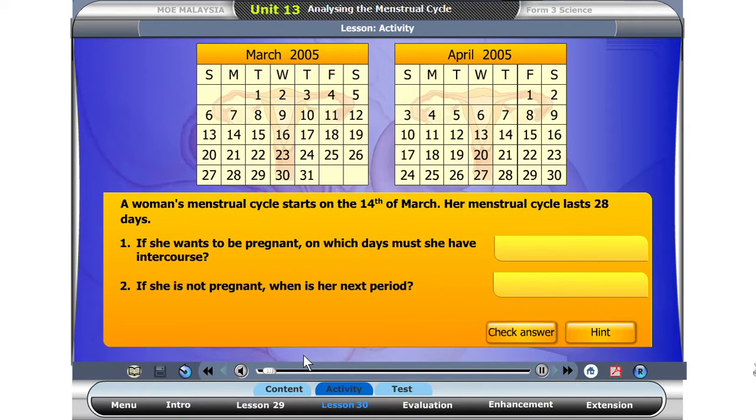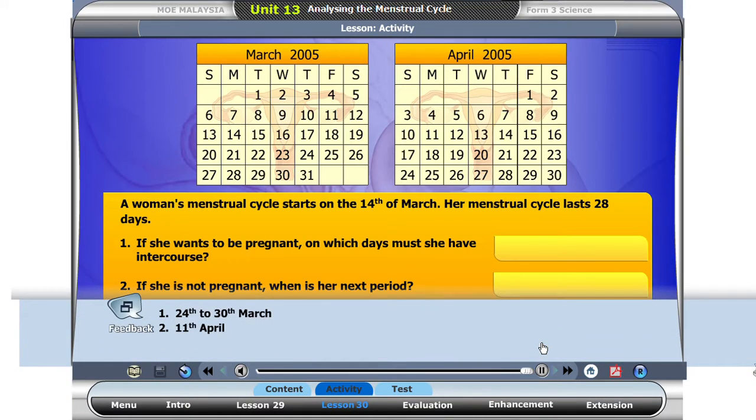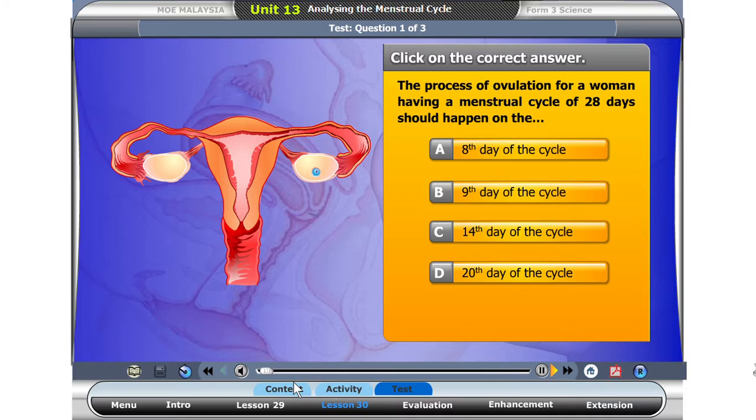Study the menstrual cycle of a woman. Did you get these answers? The process of ovulation for a woman.